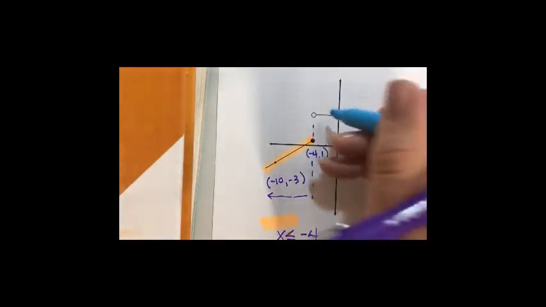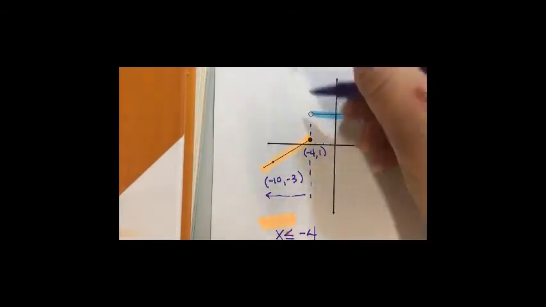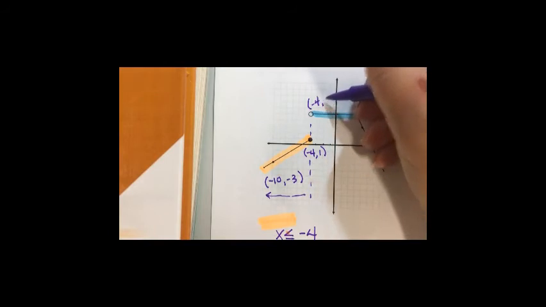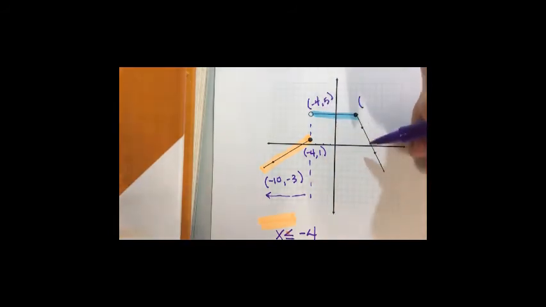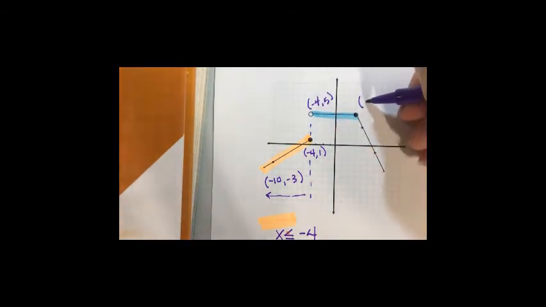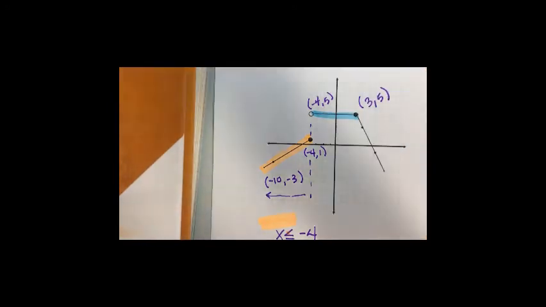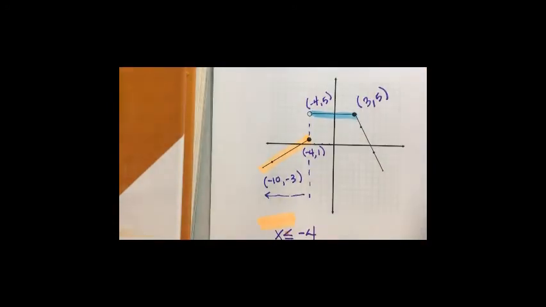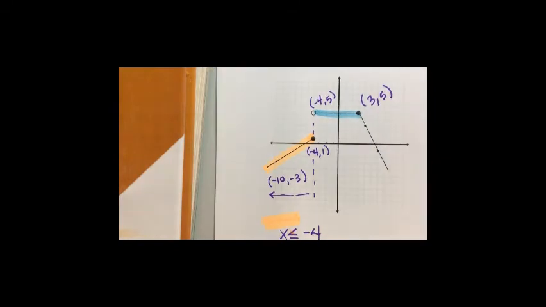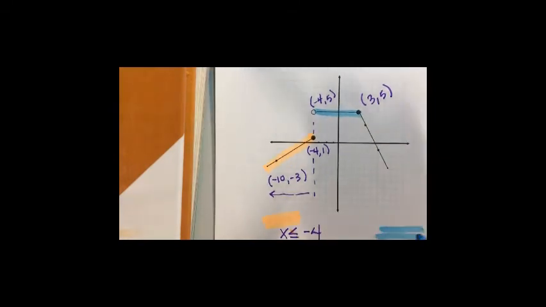Okay, when I do a line like this, my x is -4, my y is 5, and over here my y is 5 again. It's kind of hard for me to read. My x's went between -4 and 3.